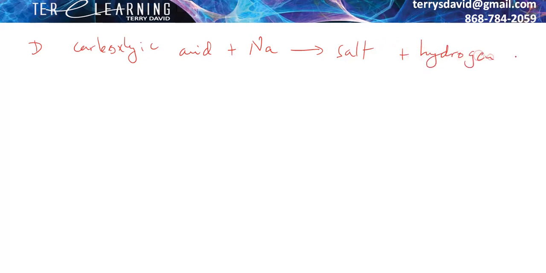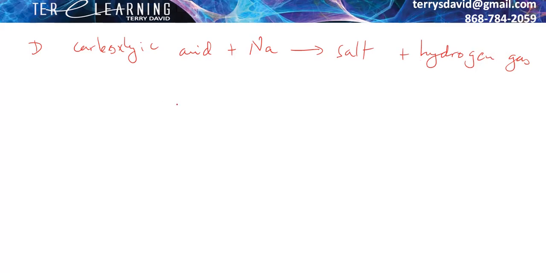So if we have a carboxylic acid plus a reactive metal like sodium, right? What you're going to get is a salt, a sodium salt, plus hydrogen gas, right? That is what you're going to get.